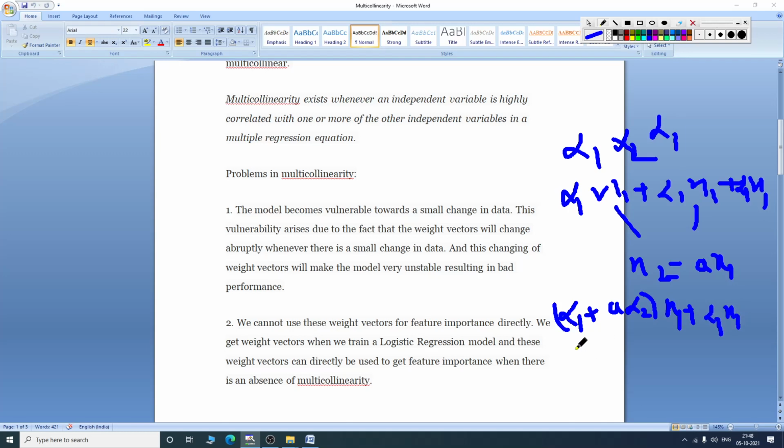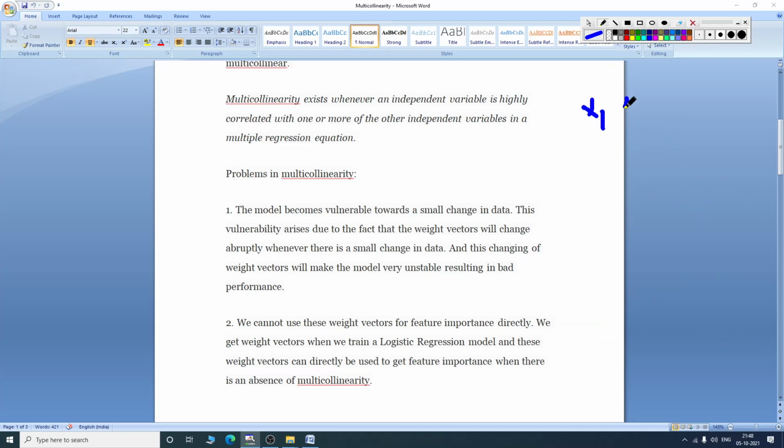So if I have a relationship like this, the final values of alpha 1, alpha 2 and alpha 3 that I am getting, as an example, can be either 0, 1, 5, or it can be 1, 0, 5, or it can be 0.5, 0.5 and again 5, something of this sort.